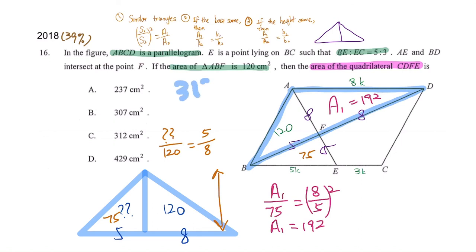Yep, this is 312. So this side should also equal 312. We don't need this 75 anymore, so you can just minus that. 312 minus 75. You should be able to get your answer of 237. Okay, that will be your answer for it.